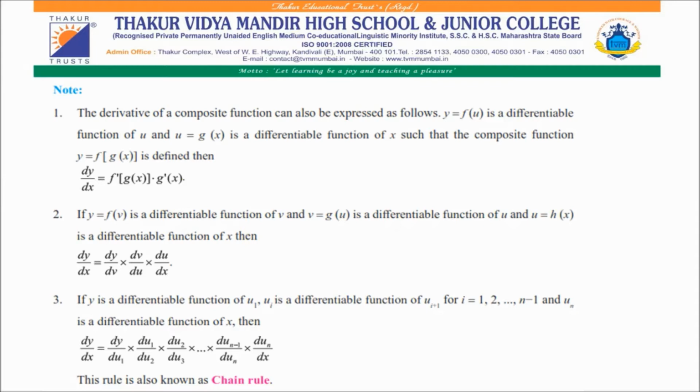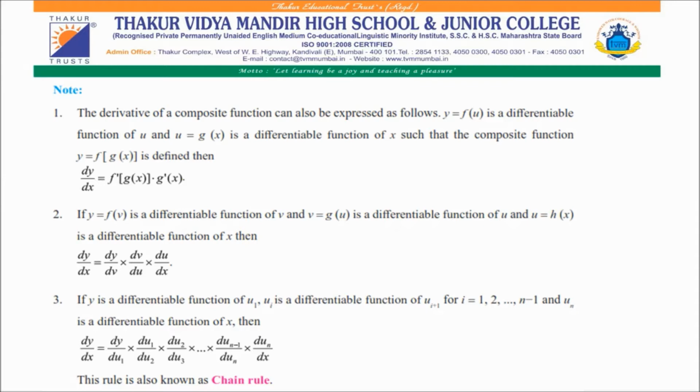This is called the chain rule. Okay, so it is forming a chain, na? So it is a chain rule. If y is a differentiable function of u_i, and u_i is a differentiable function of u_(i+1), just like the second, if it is coming more than 3 and 4 times, then by the chain rule we can have dy by dx is equal to dy by du1 into du1 by du2 into du2 by du3 and so on up to du(n-1) by dun into dun by dx.